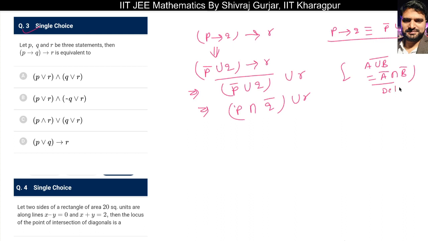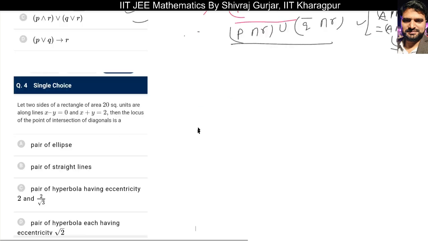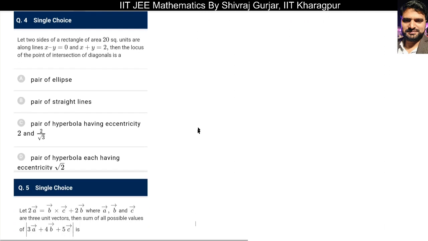This is De Morgan's law. Similarly the or will convert into and, with the negation of B. So this we have. Is there an option of this type? So we have to expand again. This can be written as P union R. What does it say?